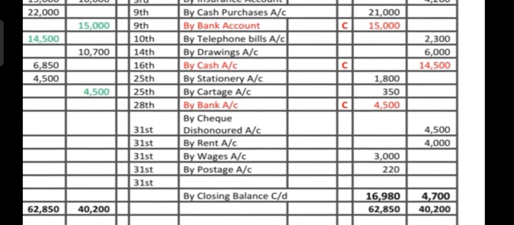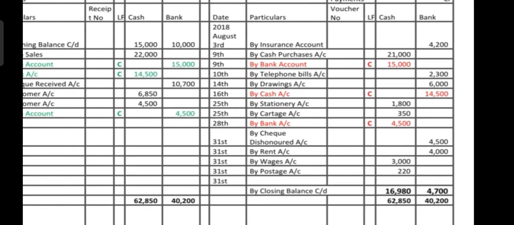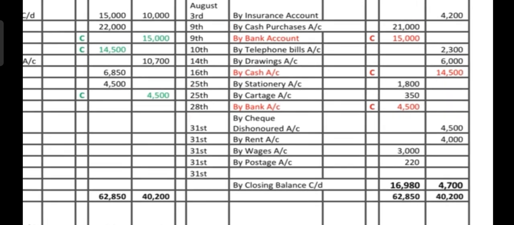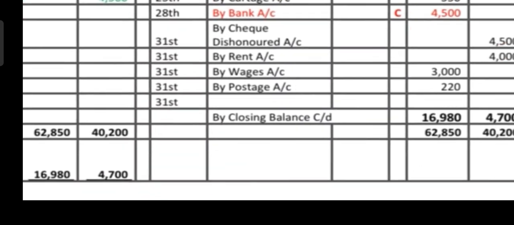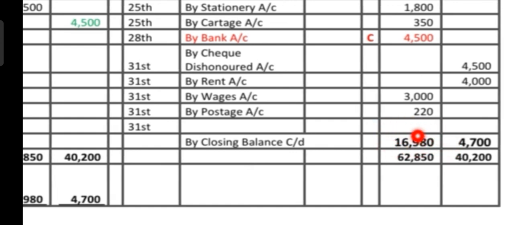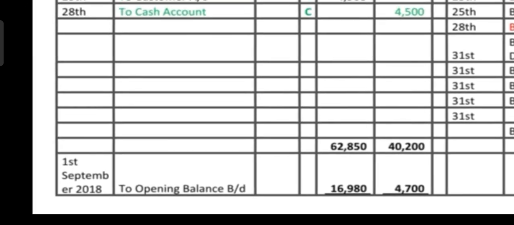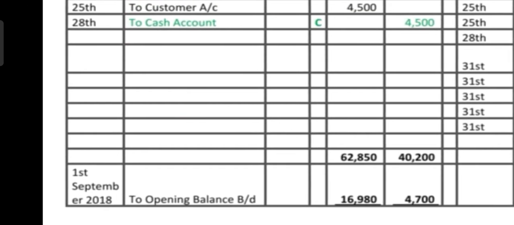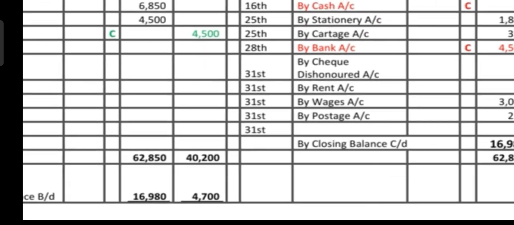From that 62,850 we are going to deduct all these items: minus 21,000, minus 15,000, minus 1,800, minus 350, minus 4,500, minus 3,000, minus 220. You will get the final balance, that is 16,980. So the cash column is showing a debit balance of 16,980. The closing balance of August becomes the opening balance for the immediate next month, that is on 1st September, it is 16,980. That you should bring down to the next month.